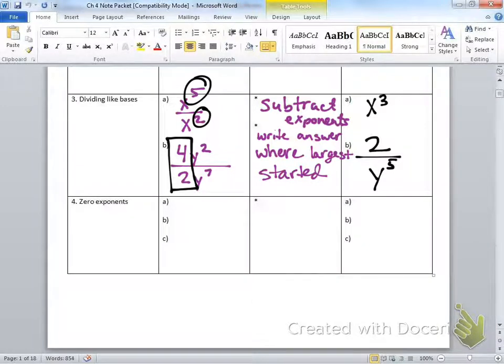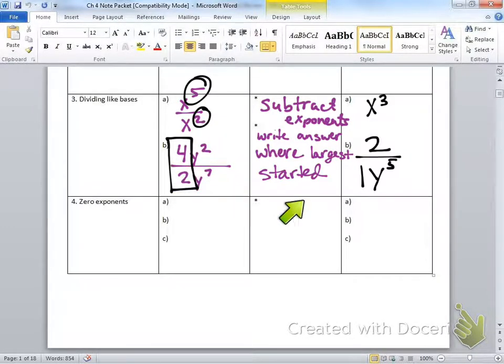Can you explain the last one? Yes. So I did the coefficients first. You could even do the ABC button if you needed to on your calculator. So what is 4 divided by 2? 2. Kind of like 2 over 1, right? So if you wanted to put 2 over 1, you could. I'll put it there for a second. And then look at your y's. Y to the 2nd over y to the 7th. Which one's bigger, 7 or 2?